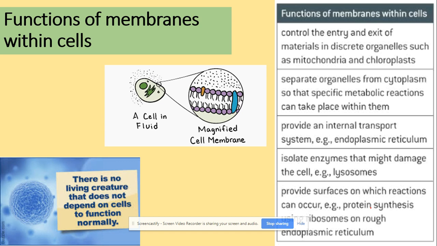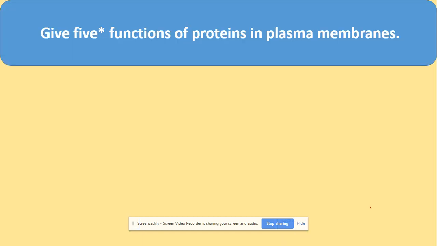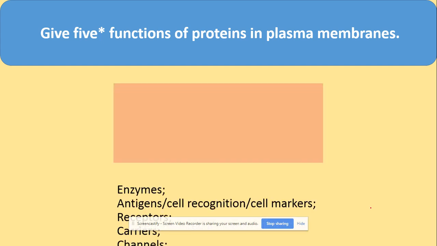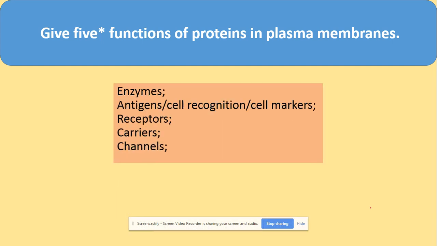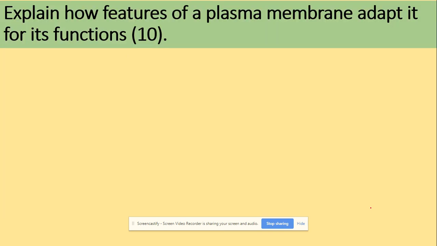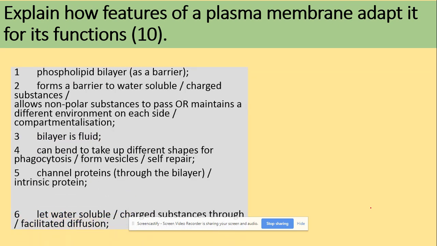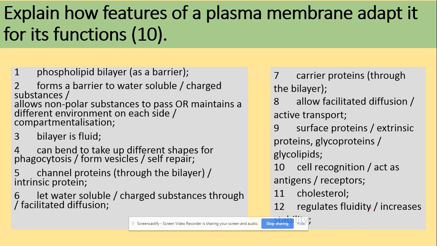Functions: there are many functions of the cell membrane, but I would like to show you the past paper question for your model answers, because we could ask you about the function of proteins, so enzymes, antigens, receptors, carriers, channels. But here are the features of the plasma membrane. There are plenty, and I would recommend you know those. Phospholipids form a bilayer.